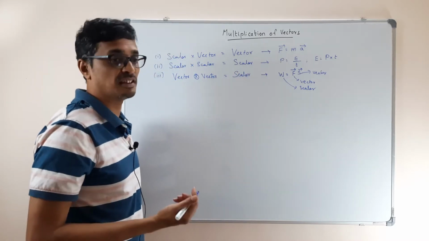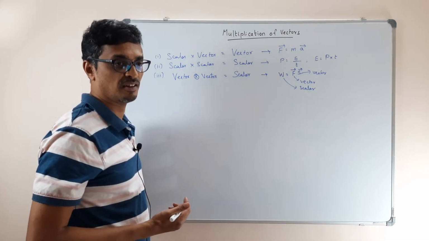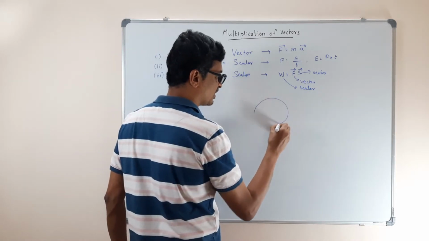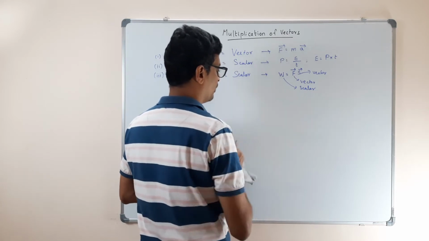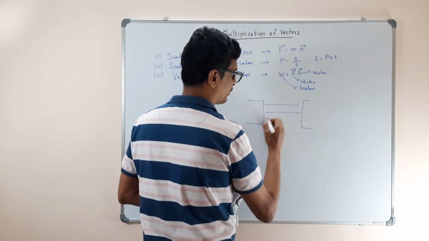But then I can have another thing also. Fleming's left-hand rule. What happened? You have a current-carrying conductor, and I'll draw a magnetic field line here. Magnetic fields have a direction.